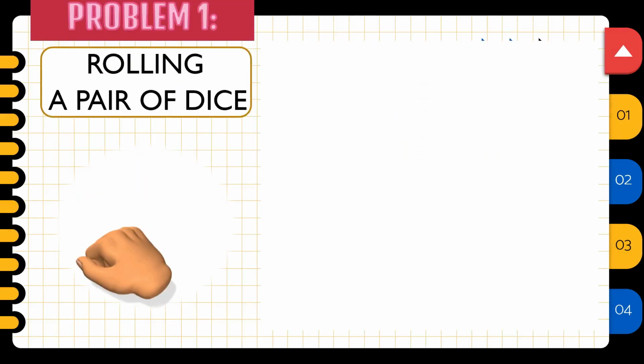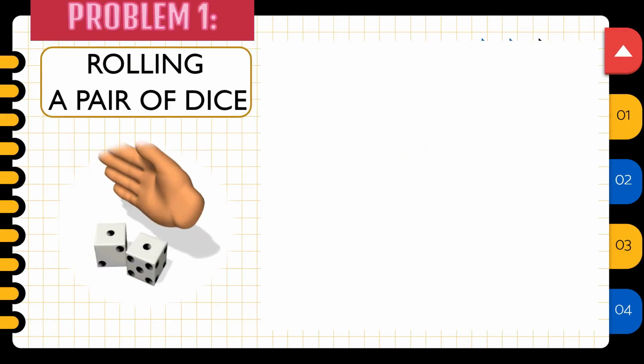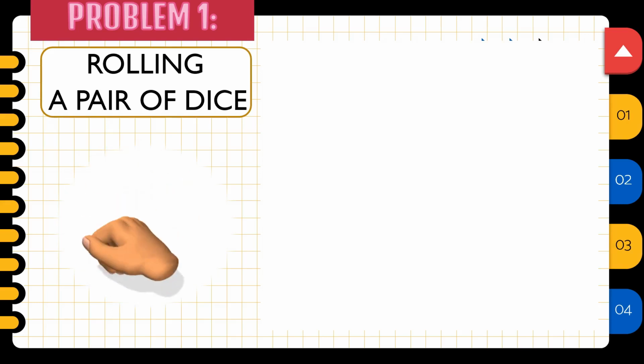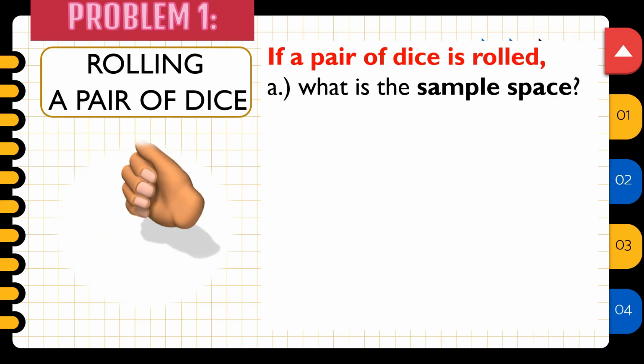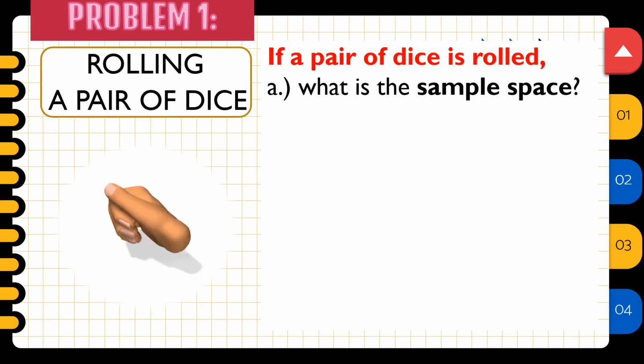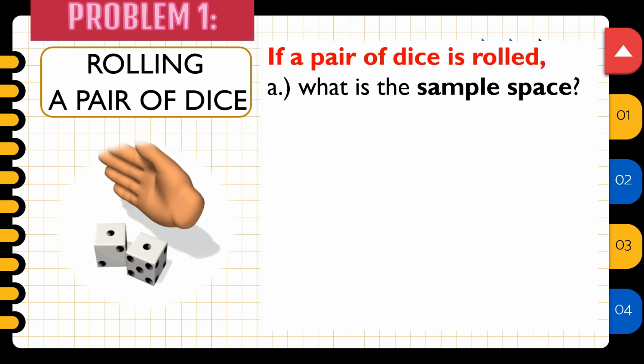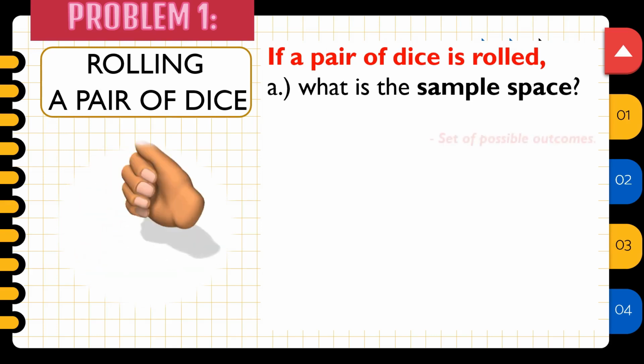Let us look back to some of the skills previously discussed. Let's begin with problem number 1, rolling a pair of dice. Now, if a pair of dice is rolled, A, what is the sample space? Recall that when we say sample space, it refers to the set of possible outcomes.